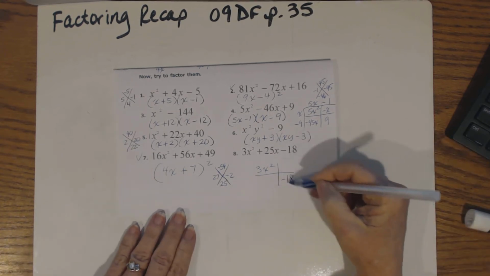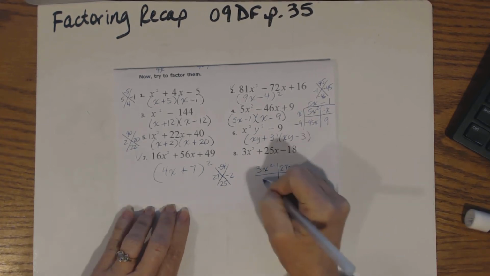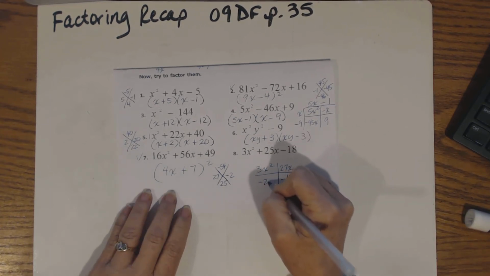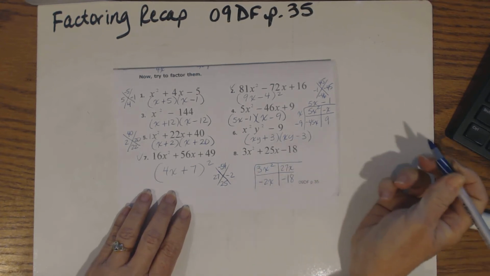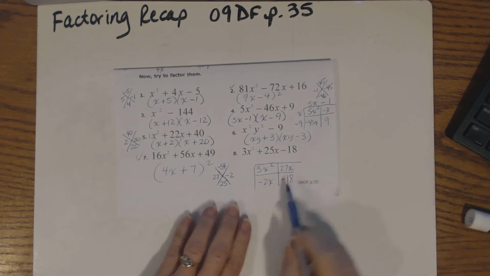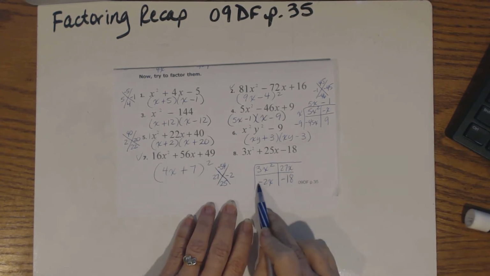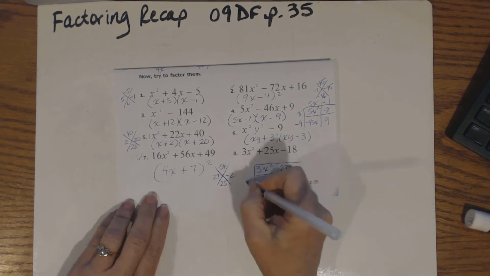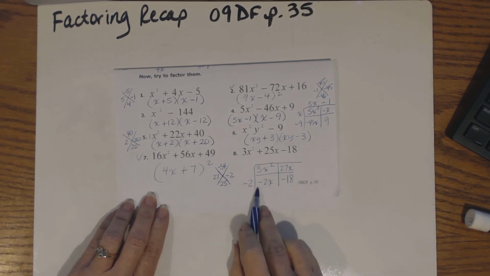Drop my first times first, my last times last. Now I can put my outer and my inner in. Okay, and factor out. In any order I want, but I see a negative and a negative, so I'm going to use this one first because this will take care of my negative. There is a negative 2 common to these two in this row.